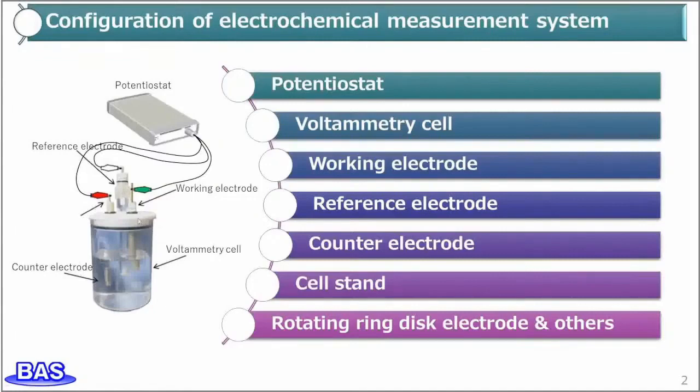This is an example of a three-electrode system, with three electrodes attached to the cell: working electrode, reference electrode, and counter electrode. Also, not shown in this figure, there is an enclosure to exclude external electrical influence called the Faraday cage. A Faraday cage and a rotating electrode device to rotate the working electrode can be added to the system.